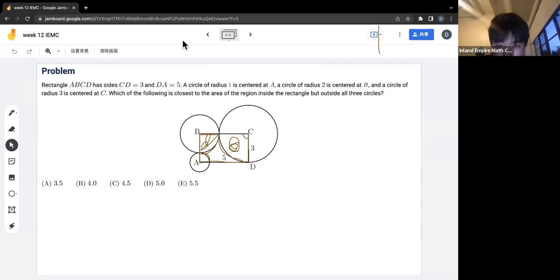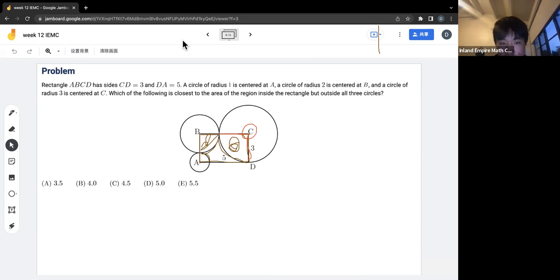As mentioned before, a rectangle has all 90-degree angles. And if a rectangle has 90-degree angles, that means this angle here is 90 degrees. And I don't know if you learned this before, but a circle in total, measuring from the center, has 360 degrees.